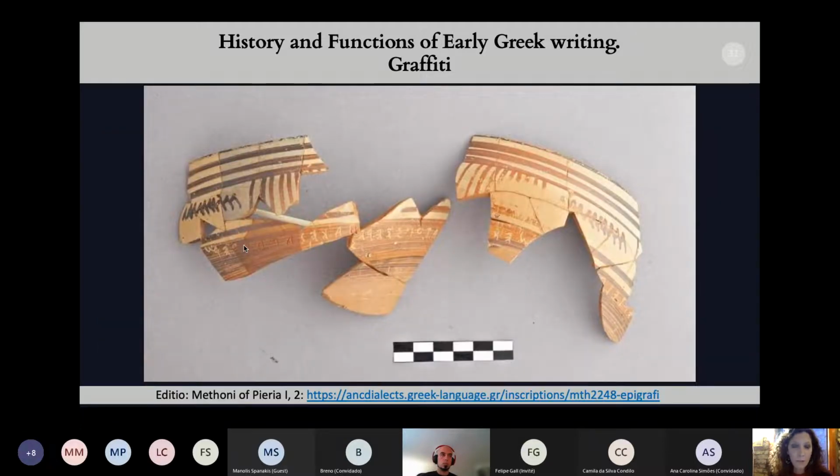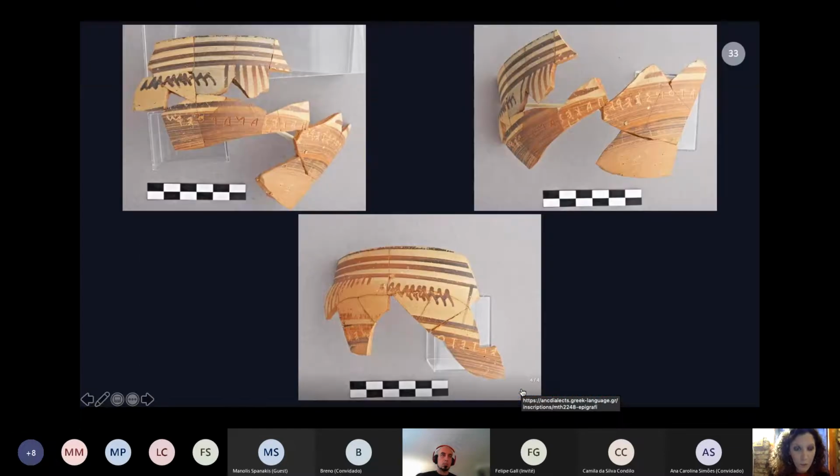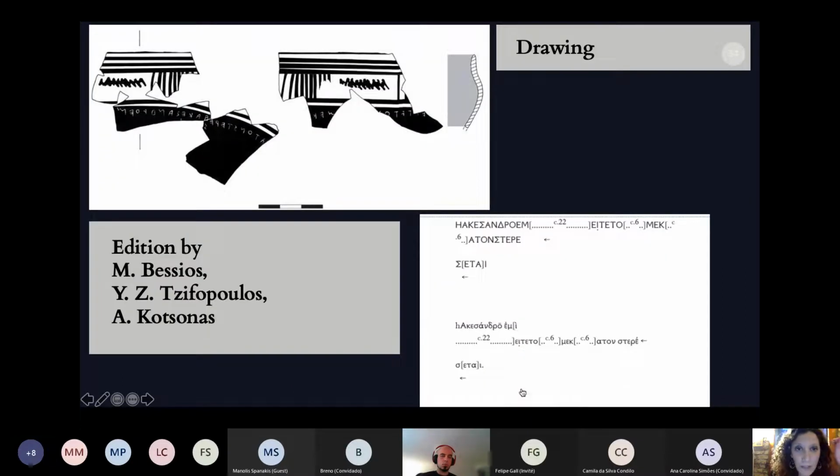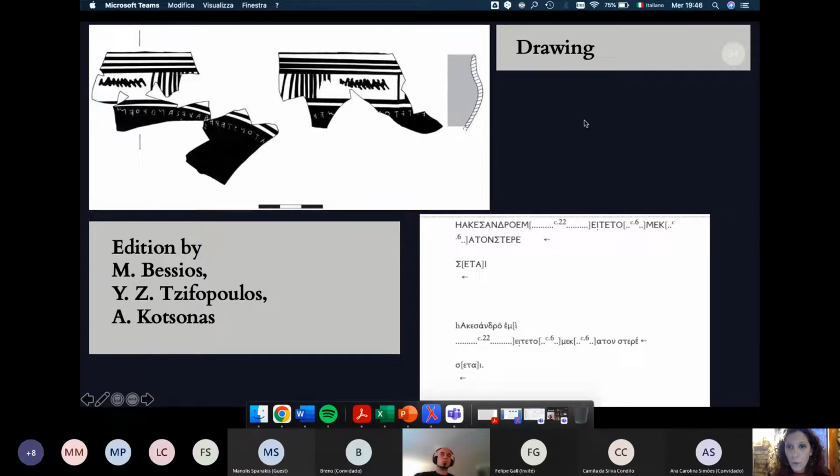And also we have this beautiful inscription that is very, very fragmentary, but also very neat. I put the links to the database of inscriptions from Methoni. These are different photographs of the same vessel, and this is the drawing and the edition.